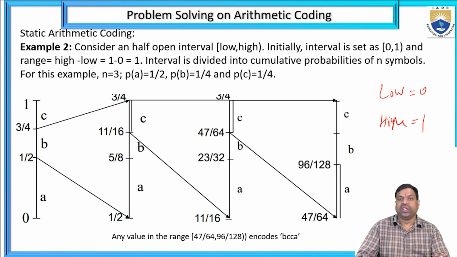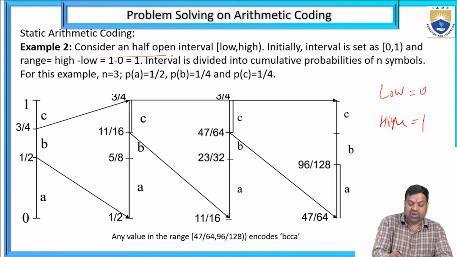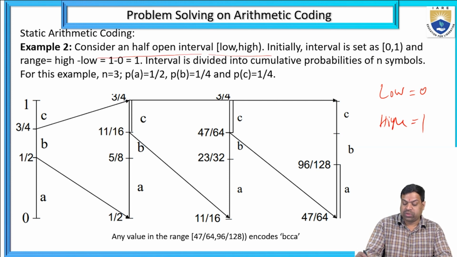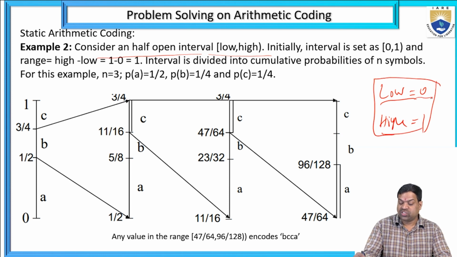For the example, n equals 3, P of A equals 1/2, P of B equals 1/4, and P of C equals 1/4. Half open means low and high values are there, 0 and 1, and high minus low is 1.